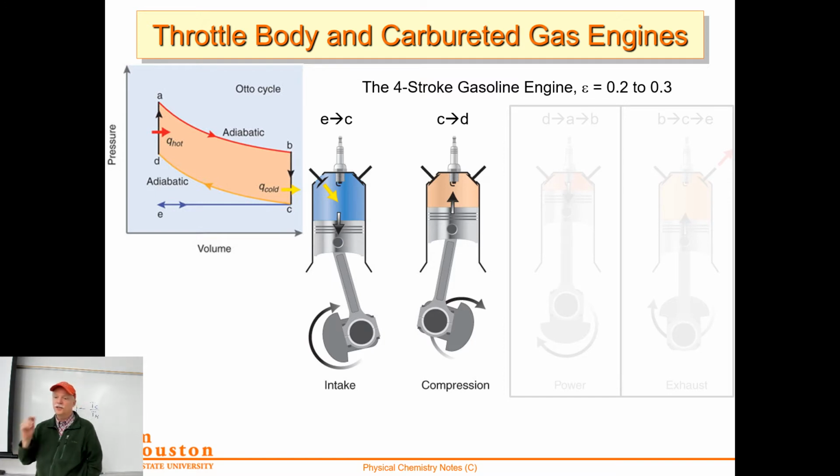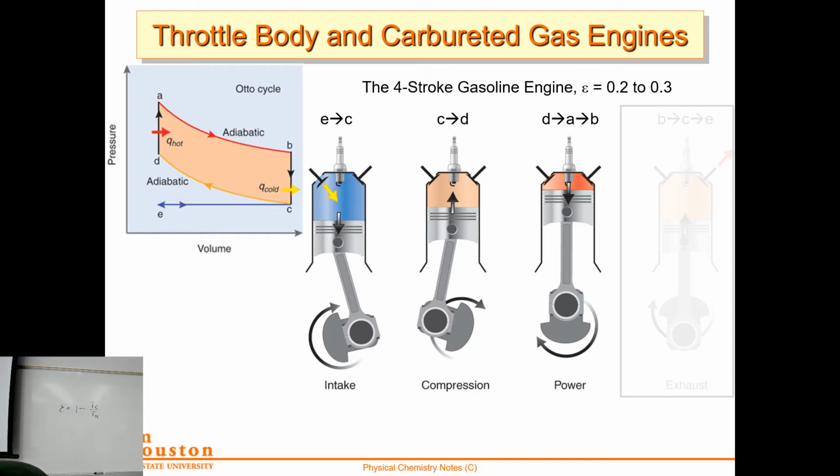When we spark the spark plug, that's D to A. Notice D to A to B, that's the power stroke. We spark the spark plug at D, and then you have this huge jump in heat and pressure, and then we have the power stroke. So A to B. That's pushing down on the crankshaft with power.